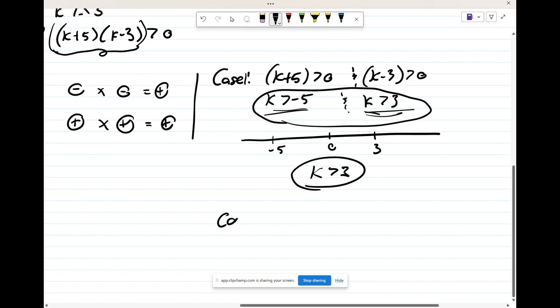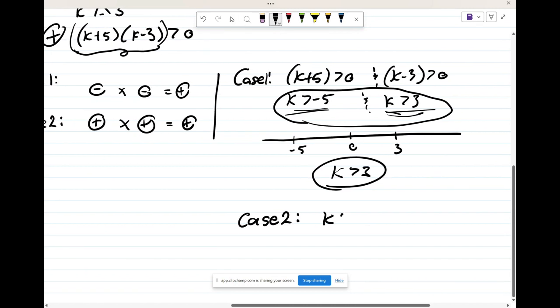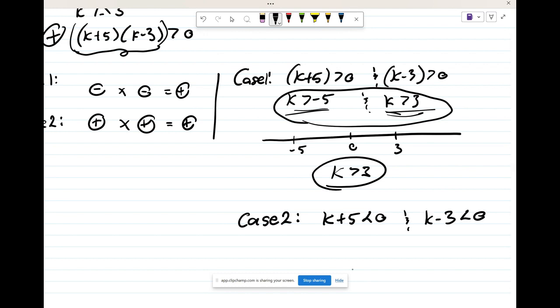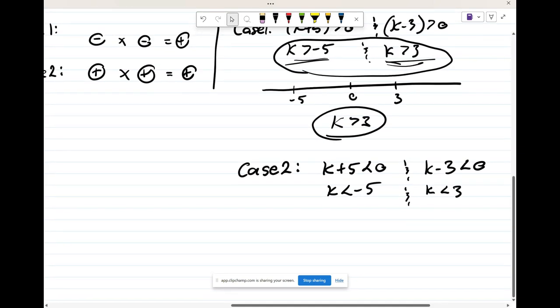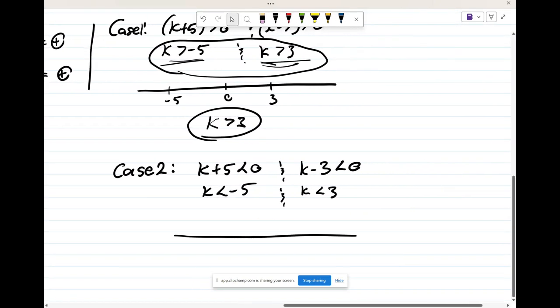And we'll do the same for case 2. So case 2 is they're both negative. So k + 5 < 0, and k - 3 < 0. That means k is less than -5, and at the same time, k is less than 3. So we can do the same thing, -5, 0, 3.